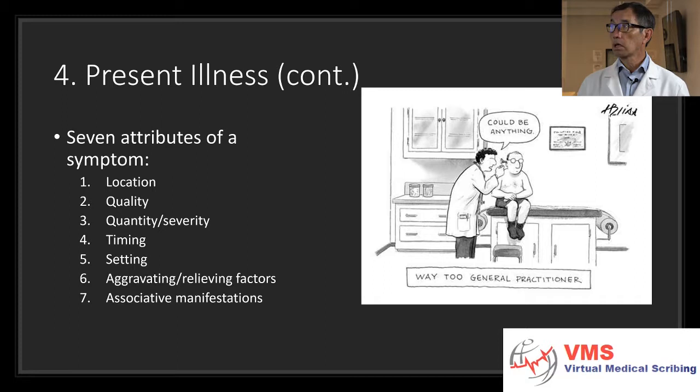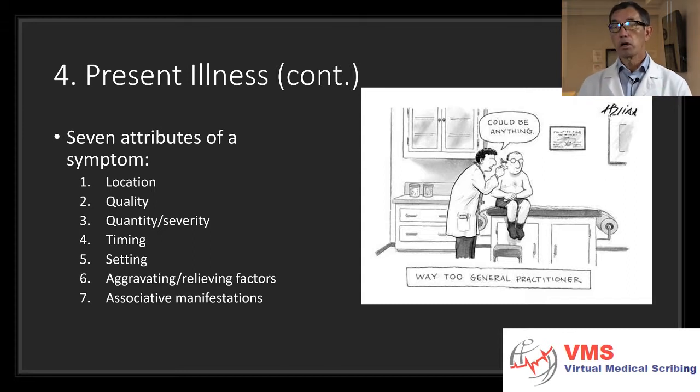In general, this is one of many ways to remember it, but there are 7 attributes to any symptom, like the location of the symptom. You want to put down the quality of the symptom, sharp or dull, the quantity or the severity of it on a scale of 0 to 10. Do you have this pain at rest and then it gets worse with activity? The timing, so it's one of those things where does it happen all the time, or is it episodic?